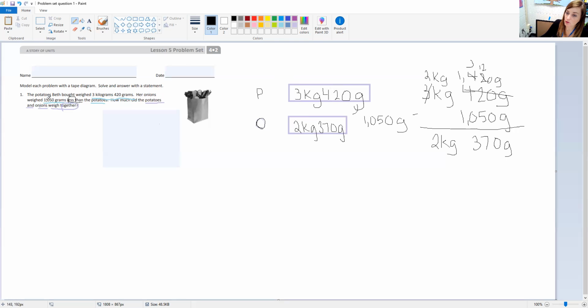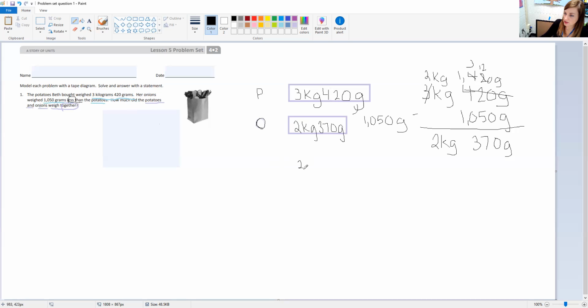Her onions weighed 1,050 grams less than the potatoes, which we figured out was 2 kilograms, 370 grams. So the question is, how much did the potatoes and onions weigh together? So what are we going to have to do? Here's the potatoes, here's the onions. We're trying to figure out those two answers together.